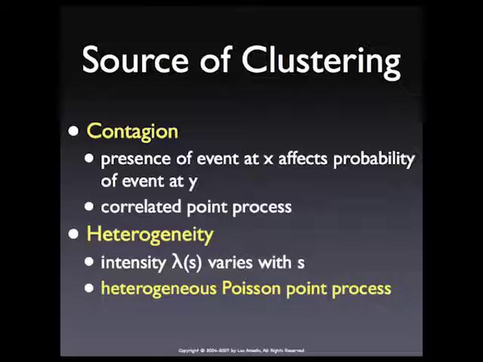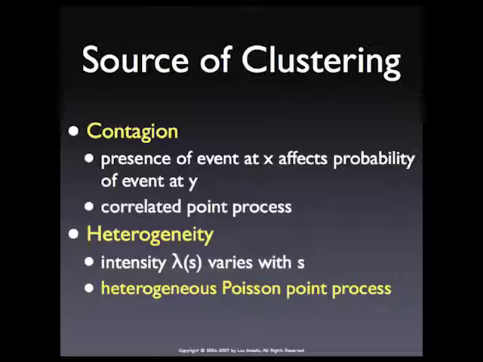So you get a crime that happens at this street corner. What is the probability that there's going to be another crime next to it? Is that higher or lower than what it would be under complete spatial randomness? If it's higher, it's a cluster process due to contagion. If it's lower, as we'll see later, it's a regular process. And that's another story.